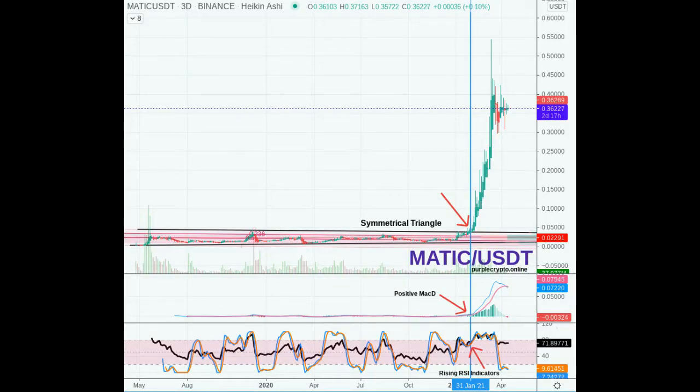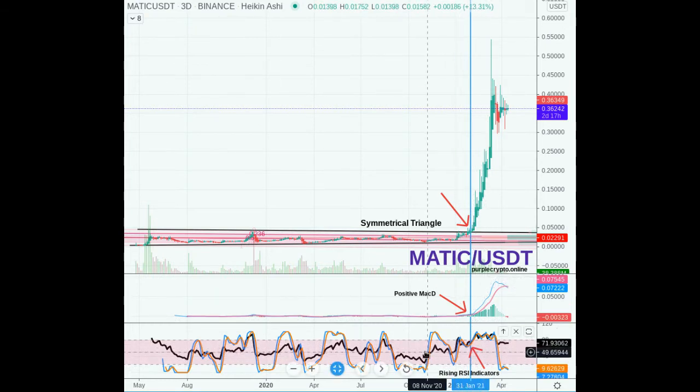Moving on to a chart where we can see the MACD and the RSI where it is set today. Again, you'll see it's still a 3-day Matic chart. You'll see that at the point where it broke out of the symmetrical triangle, the MACD was really positive. It was starting to head upwards even further, as was the RSI indicator.